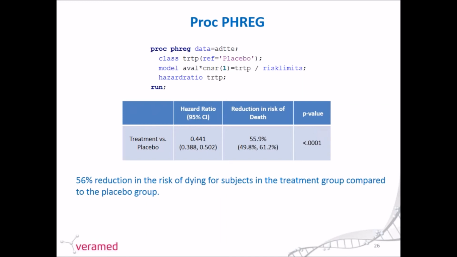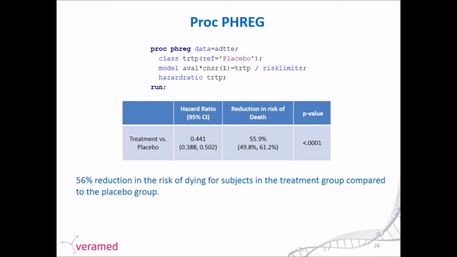So here we use the class statement, as you might do in other forms of modelling. And this is just used to define the categorical variables. So something like treatment, where you either have placebo or treatment. And therefore we put the reference in that we want to compare treatment against placebo. So ref equals placebo.